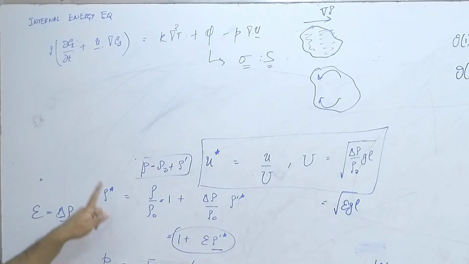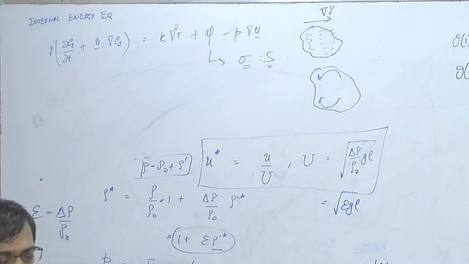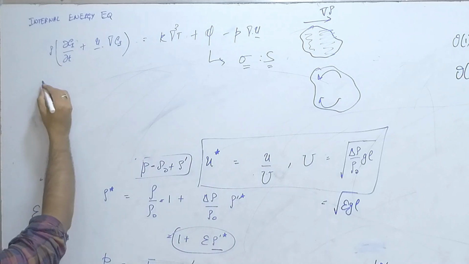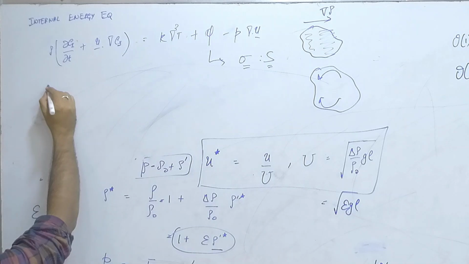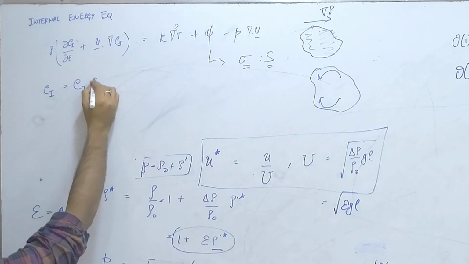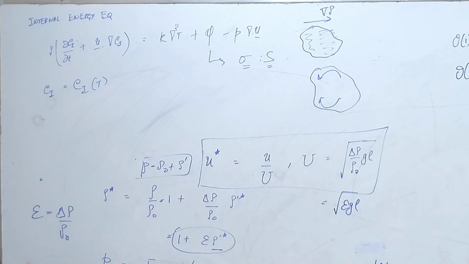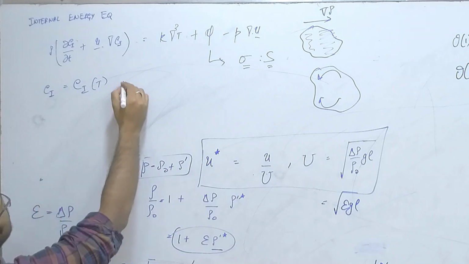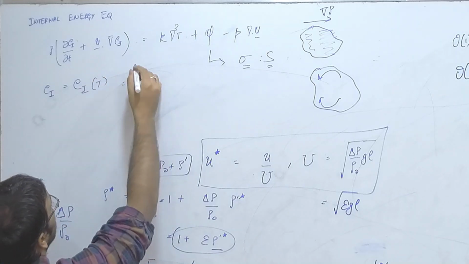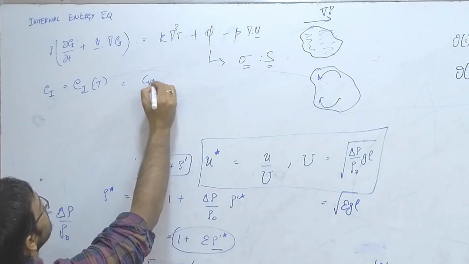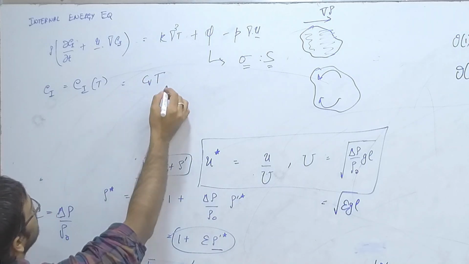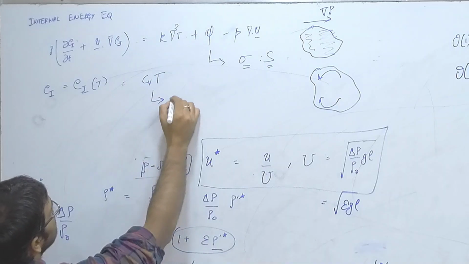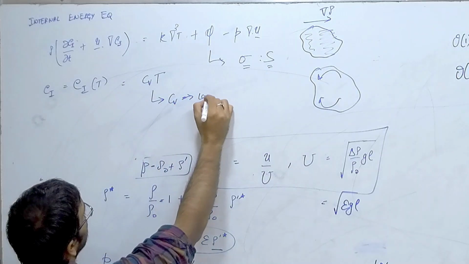When we have temperature changes in the flow, we will make the assumptions that are usually there, that E_I is essentially E_I of T only. There is no volume dependence of internal energy, and we will also write it as C_V times T. We will not even entertain any changes in C_V, so this C_V is constant for us.